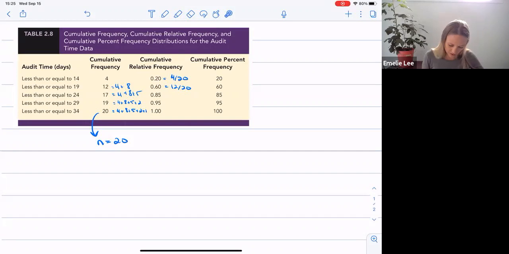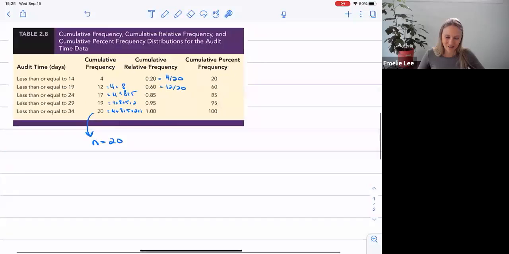Okay. Sorry, I got caught in a loop here. 20, 60, 85. For a second, I thought that they should add up, but no, because they come from these cumulative frequencies. Okay, convinced myself.